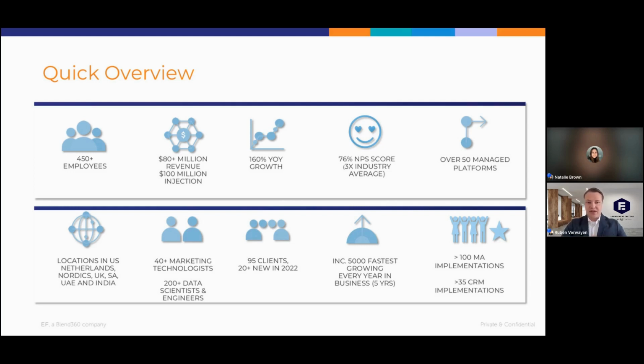Besides that, we have locations in the United States, the Netherlands, the Nordics, the United Kingdom, South Africa, the United Arab Emirates, and India. We did over 50 managed platforms, more than 100 marketing automation implementations. Some were HubSpot, some were Oracle, some were Salesforce. We did really a lot, and we have a lot of experience within that. And also more than 35 CRM implementations.